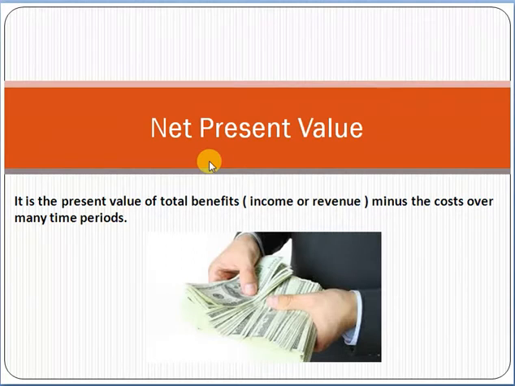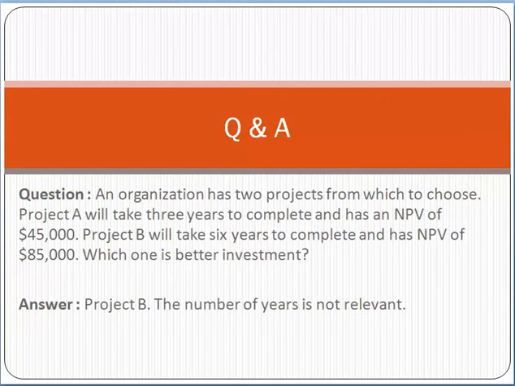From the exam point of view, you don't need to calculate the net present value. You can easily find the formula of net present value from Google. You just need to know the methodology, and also remember one thing, that the project which has the highest net present value, we should select that project.